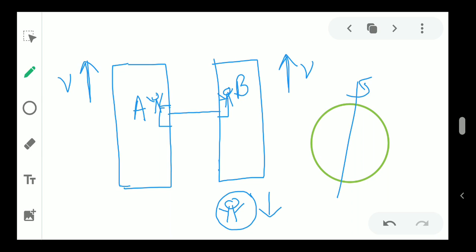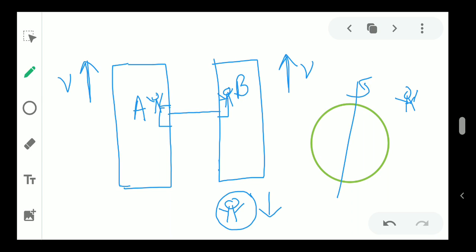But if somebody is looking at us from outside, let's say from a spacecraft, he will see that both of us are actually moving. So the motion is always subjective.